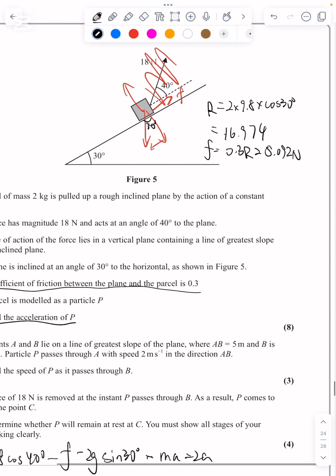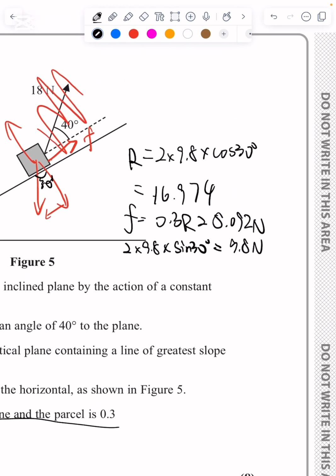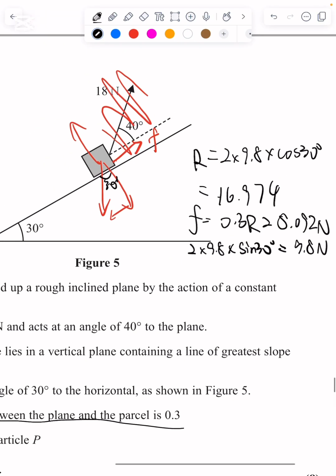So friction is this, and the component of the weight along the slope is 2 times 9.8 times sine 30 degrees. Since sine 30 is 1/2, it's easily just 9.8. Okay, let me draw it out.